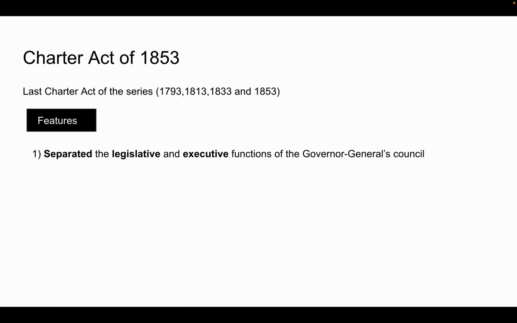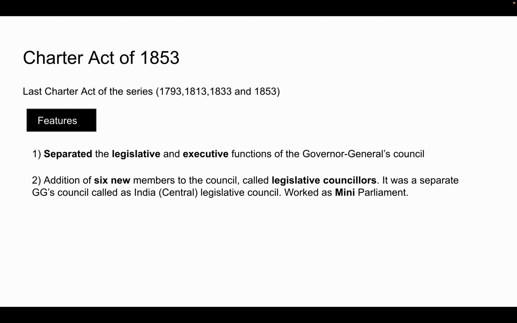Now, this act separated the legislative and executive functions of the Governor General's Council, and this was a very important step. It also provided for addition of 6 new members to the council, and these 6 members were called legislative councillors.